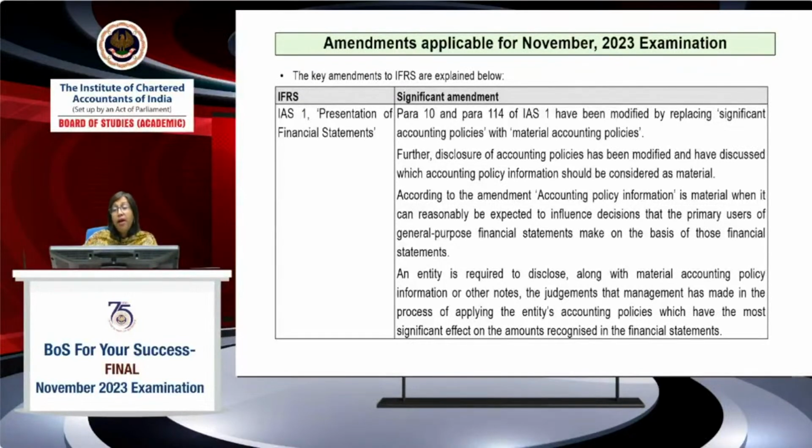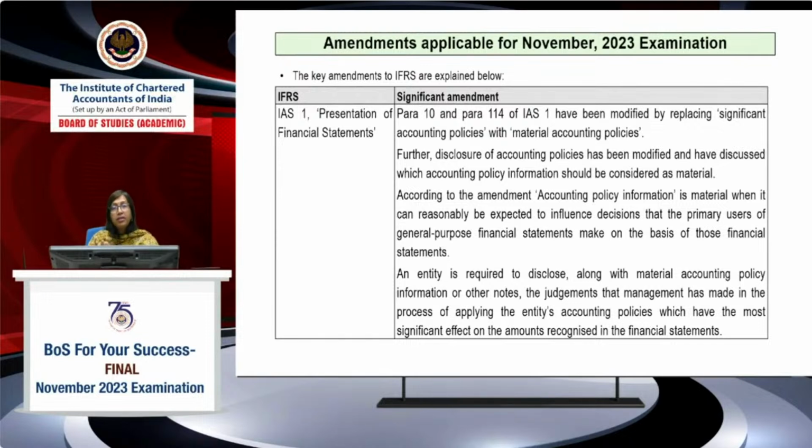For IAS 1, the major amendment was that earlier it mentioned significant accounting policies and disclosures of those significant accounting policies. Now, the amendment has replaced the word significant with material accounting policies. So now we will be mentioning material accounting policies everywhere.